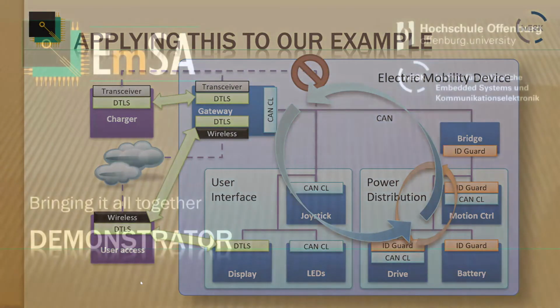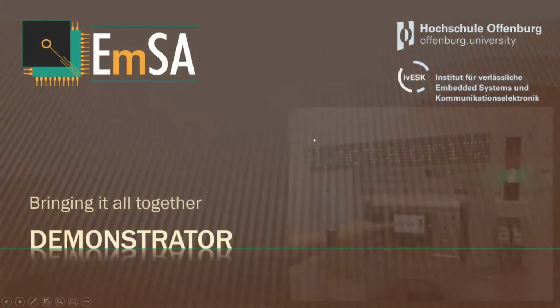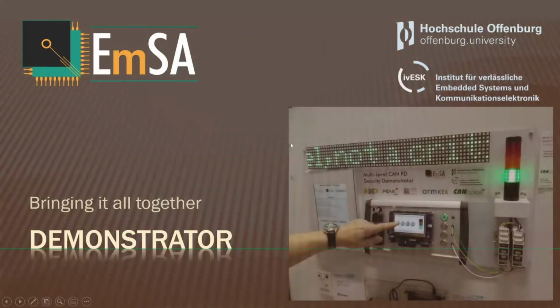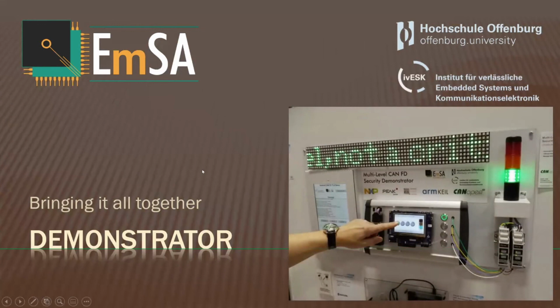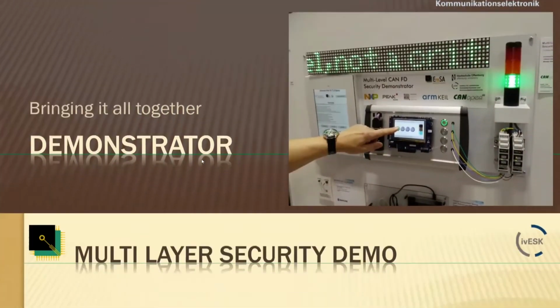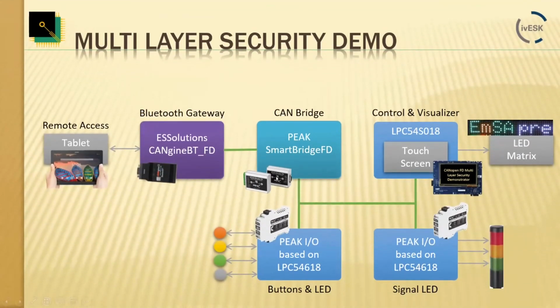So I think I'm coming to the end of my part. Just to let you know, you have seen a similar picture like this before. We built a demonstrator together with NXP, PEAK, and a few other partners. In general, everything I've shown here individually has been proven and shown to work.